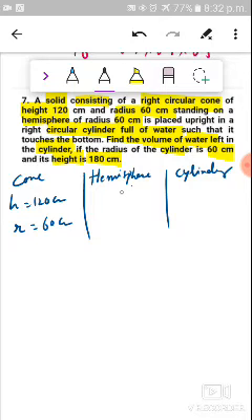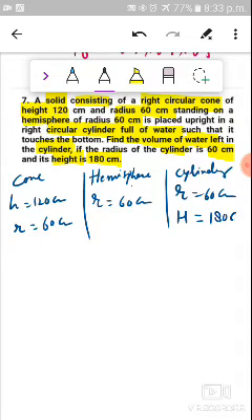For the hemisphere, the radius is 60 centimeter, so because the radius is the same, I am writing the same small r here. And for the cylinder, the radius of the cylinder is 60 centimeter, and the height of the cylinder is 180 centimeter, so I am writing capital H, that is 180 centimeter.